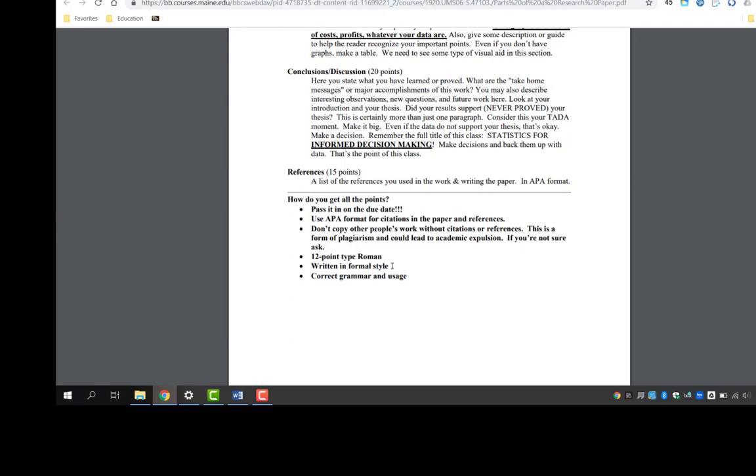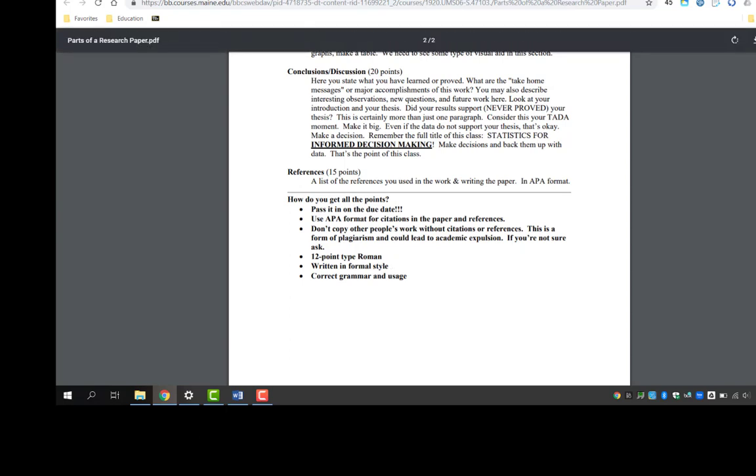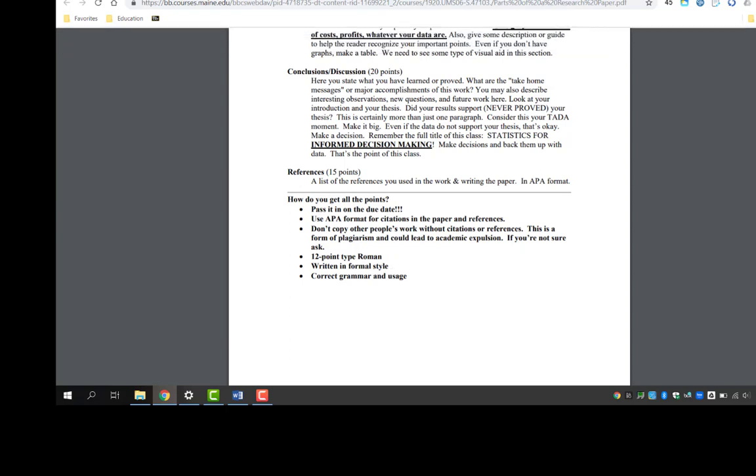So you do not put your judgment in the paper, and even in the final section, your conclusion, where you've made your judgment, you write it in a scholarly manner. So that's the whole idea of the paper.